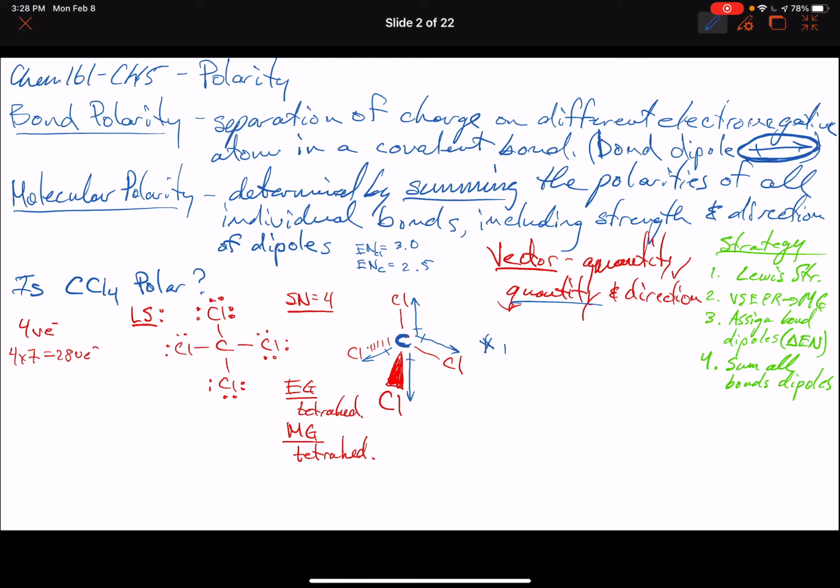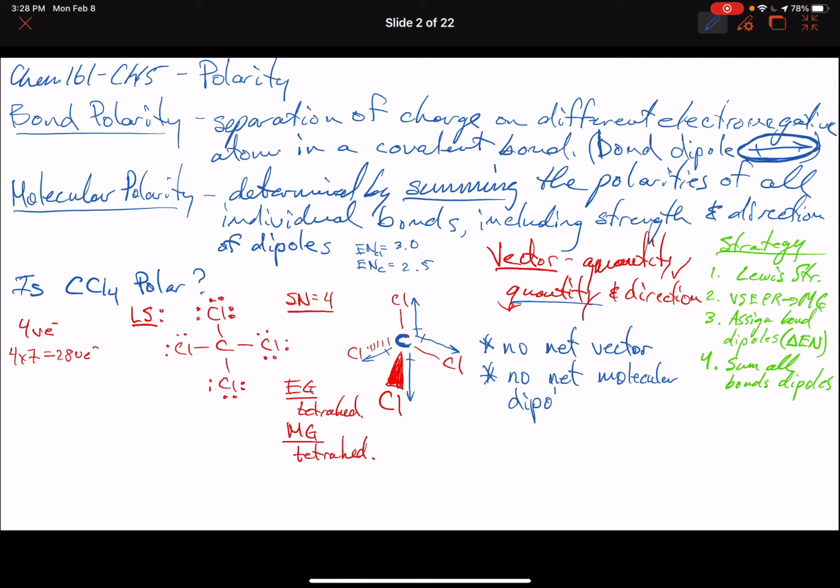So no net vector, which would be the sum of the 4 individual bond dipoles. So this tells us that there is no net molecular dipole.